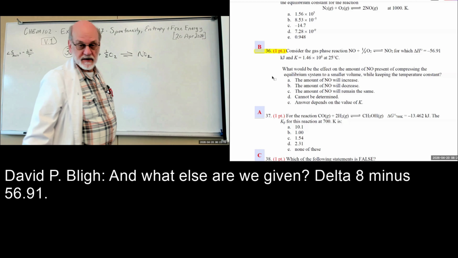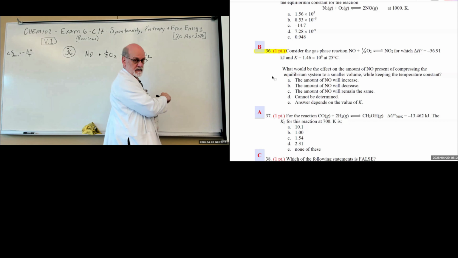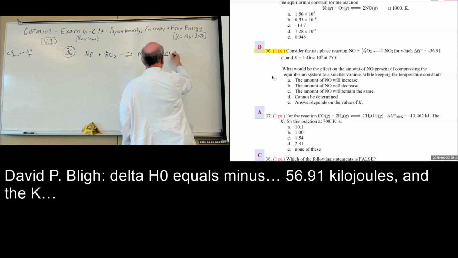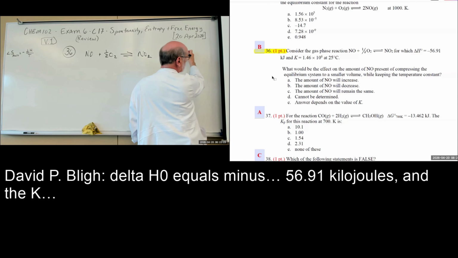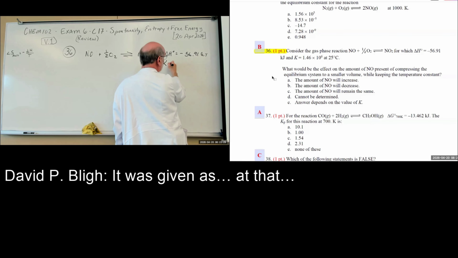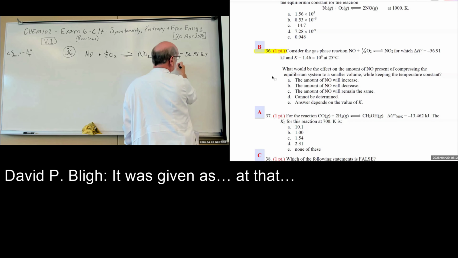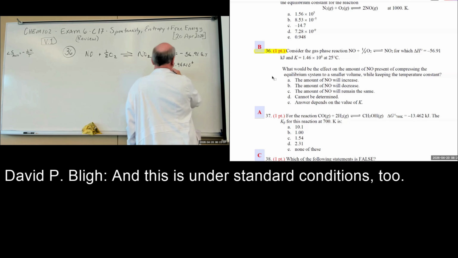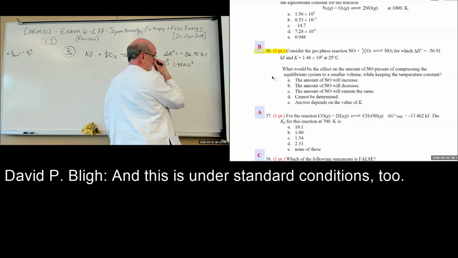Delta H 0 equals minus 56.91 kilojoules. And the K is given as, at that temperature, 1.46 times 10 to the 6th. And this is under standard conditions too.